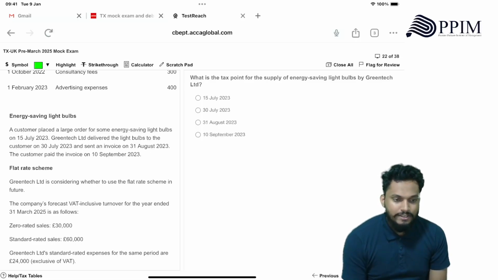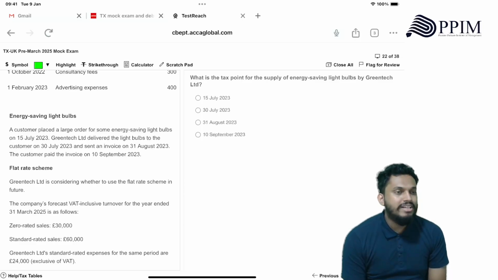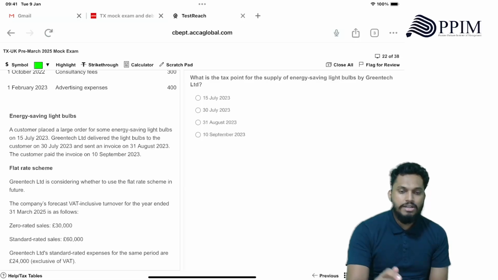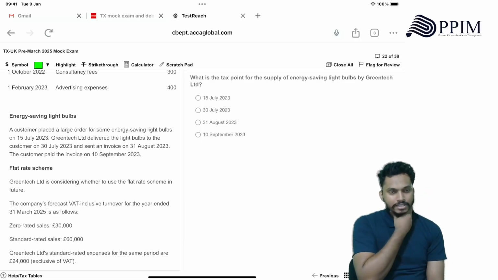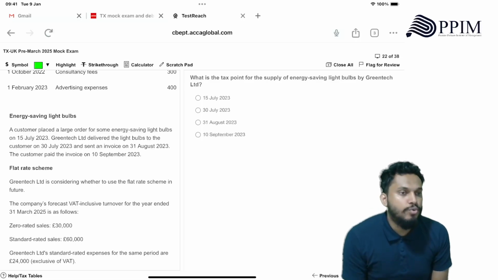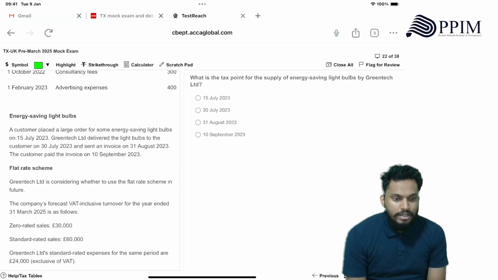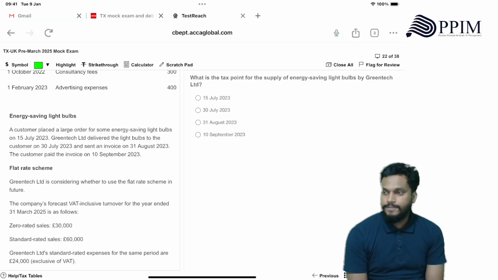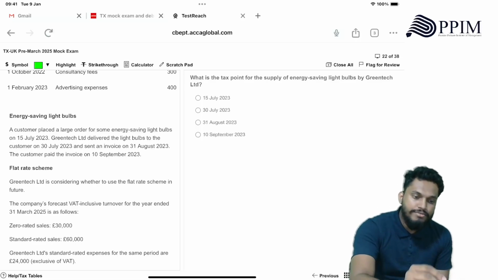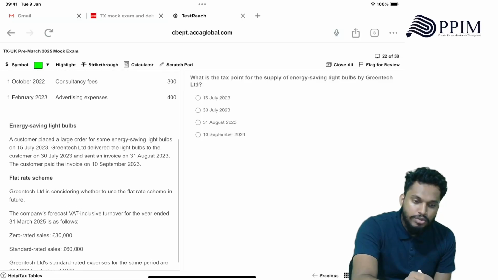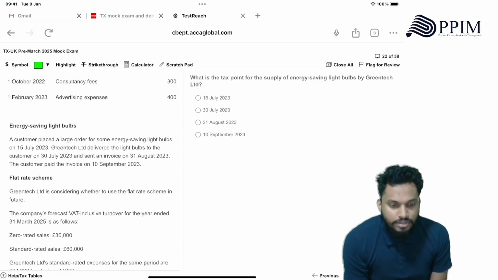Technically, whenever the customer places the order is not relevant to us in determining the tax point. You just need to understand the date that he orders is not relevant. However, the point the goods are delivered is important. So from the date of goods delivered, 30th July 2023, the invoice is sent on 31st August 2023.